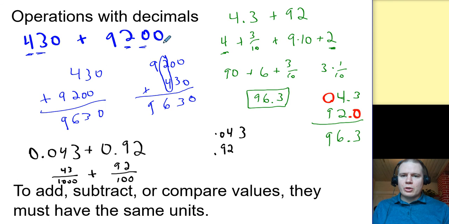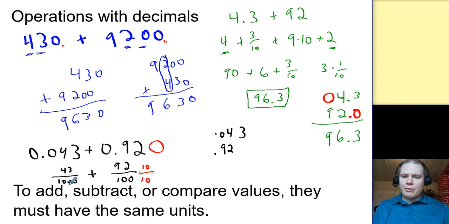The zeros are a way to show after the 0 comes a decimal point, after this 0 comes a decimal point, right? Hundreds, tens, ones. Thousands, hundreds, tens, ones. Tenths, hundredths, thousandths, tenths, hundredths, thousandths. If I want the units to be the same, I've got to multiply top and bottom by 10.